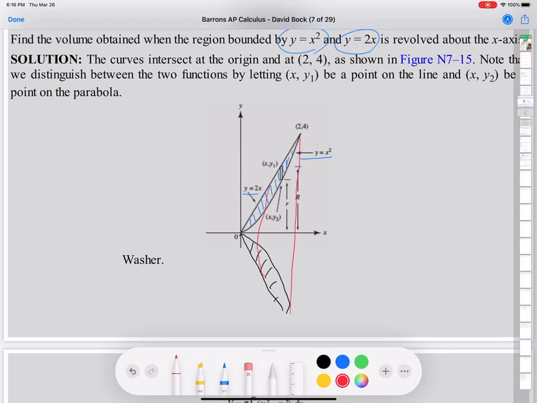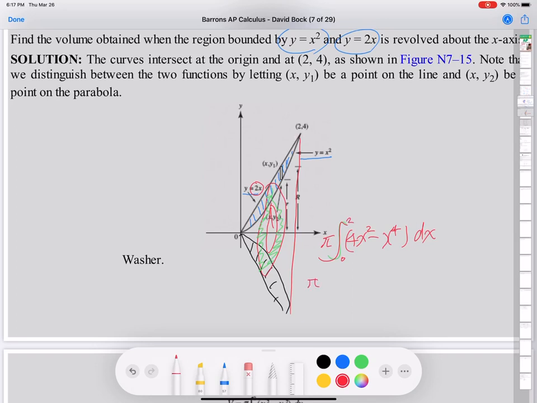So the bigger circle's area minus the smaller circle's area. I'm going to find that donut shape's area. So the integral of pi, which is outside, and then the bigger circle's area is pi R squared, where y is 2x, so 4x squared, minus the smaller circle's area, pi y squared, where y is x squared, so x to the fourth power, dx from 0 to 2.